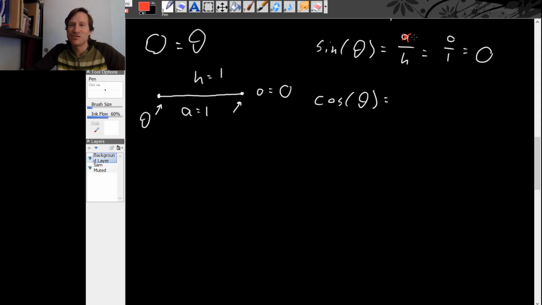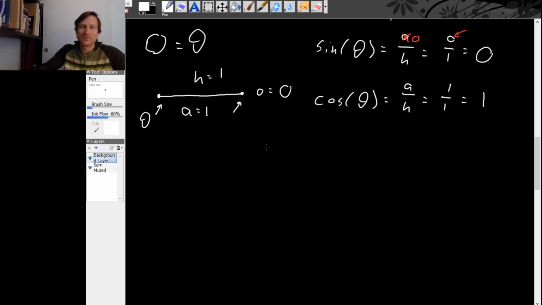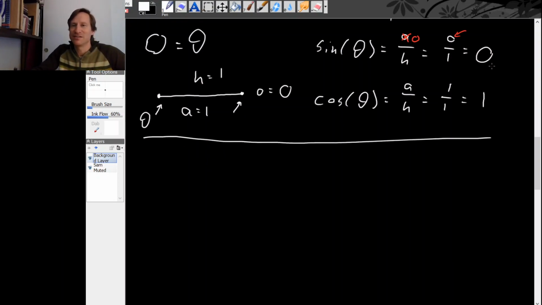For sine, this should be opposite over hypotenuse, and the opposite is 0, so you get 0 over 1, and that's 0, which is what the table said it should be. For cosine, adjacent over hypotenuse, that's 1 over 1, and that's 1. And then tangent is sine over cosine, so 0 over 1 is 0.